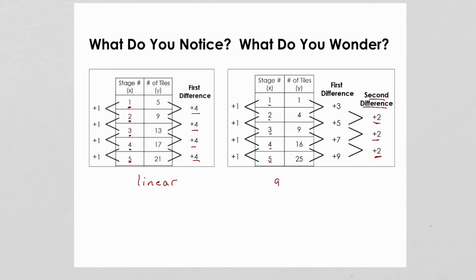And we know that if that's the case, it's a quadratic sequence. And that common second difference is always going to be the case when you're dealing with a quadratic sequence.